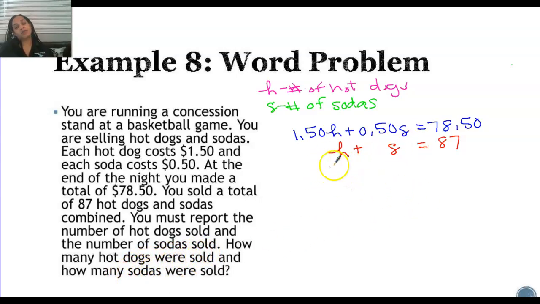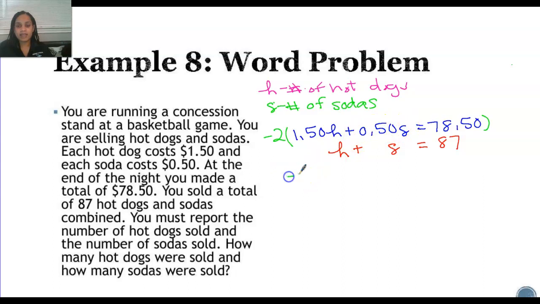So in this setup, I could either do substitution or elimination. That would be up to you to decide, but I'm going to go ahead and go for elimination. Anytime it's in standard form, this isn't really too difficult because I can multiply by -2. And in doing that, that's going to help me cancel out the sodas.